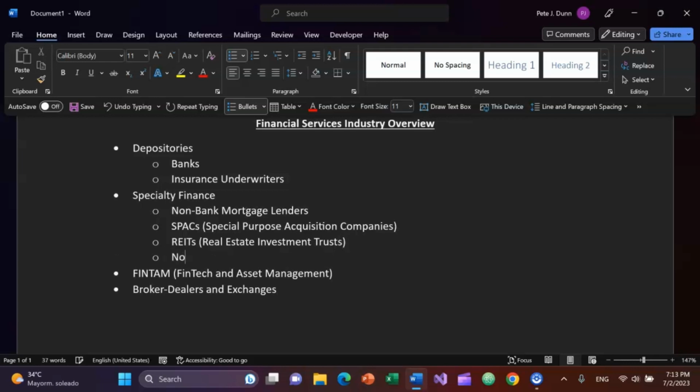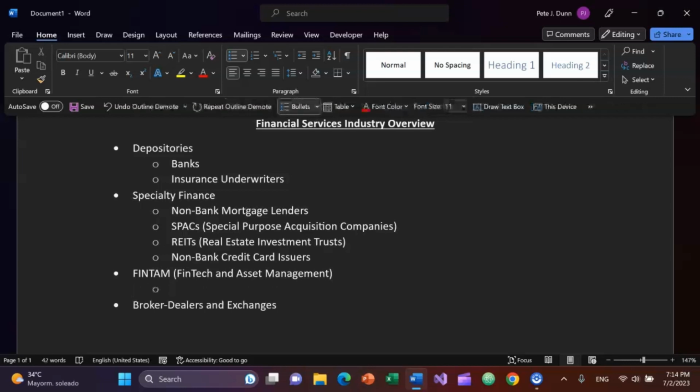And you also have things like non-bank credit card issuers. And FinTam is, of course, financial technology companies.